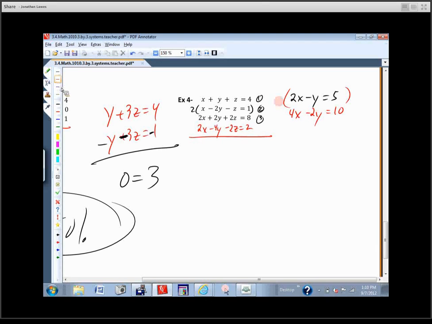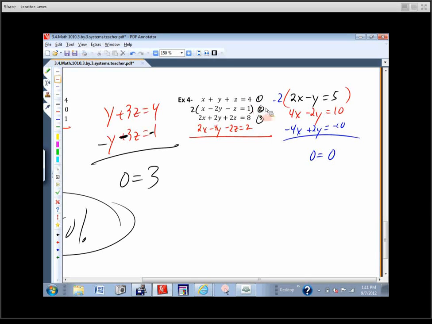Okay, so if I then eliminate here, I'm going to multiply this by negative 2, so that's negative 4x, and this is positive 2y, and this is negative 10, so I end up with 0 equals 0. Okay, well, that's always true, right? It is. So how are we going to solve this?